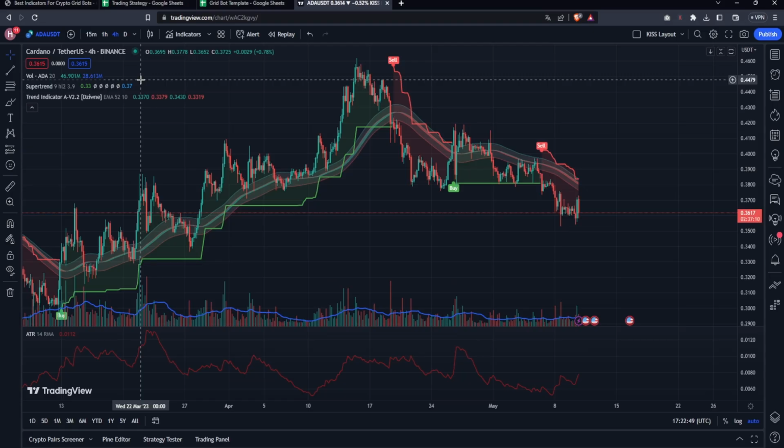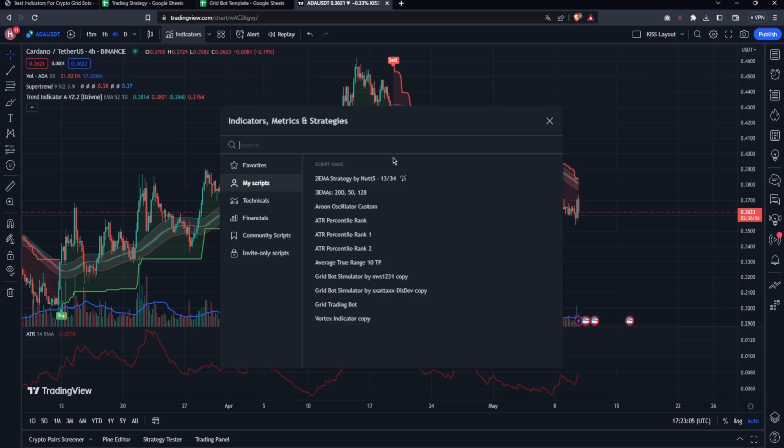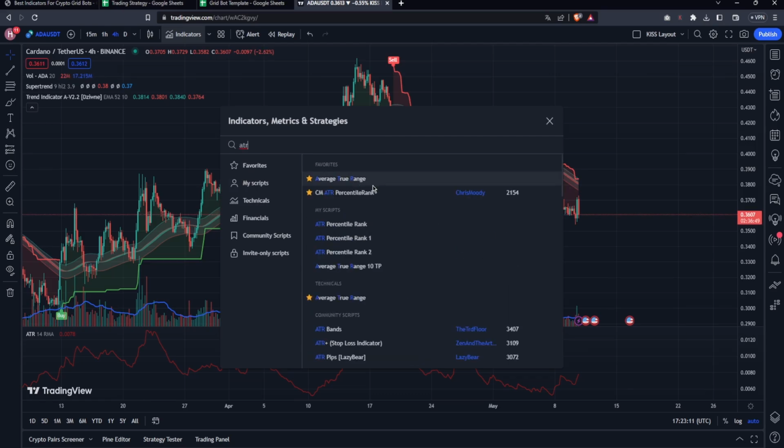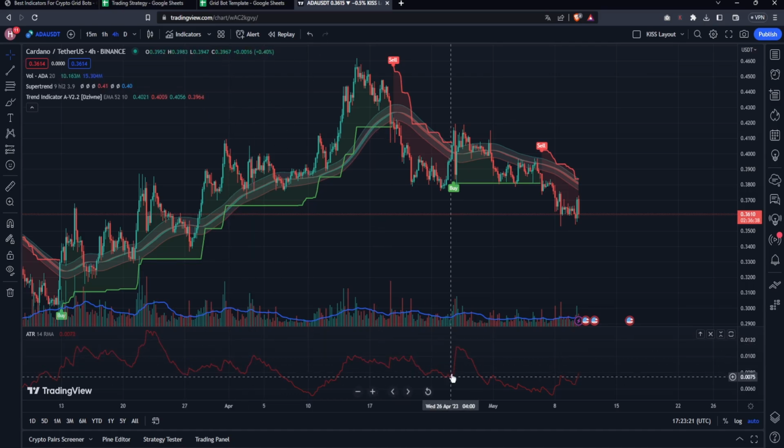Now let's take a look at a chart. This is a 4-hour chart for Cardano and Tether USD on the Binance exchange. If you want to add the ATR, all you need to do is click on indicators here. If you are using TradingView, then type in ATR and it would be this one, which has no author. Then you click on that. I'm not going to because I have already added that in here in the chart.